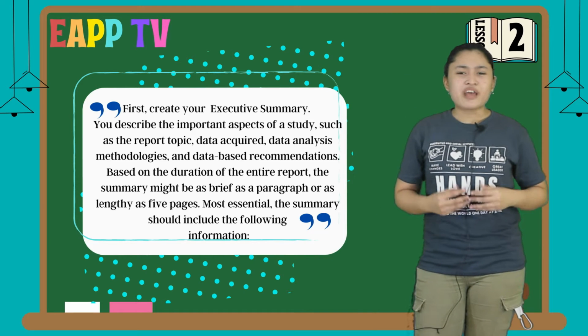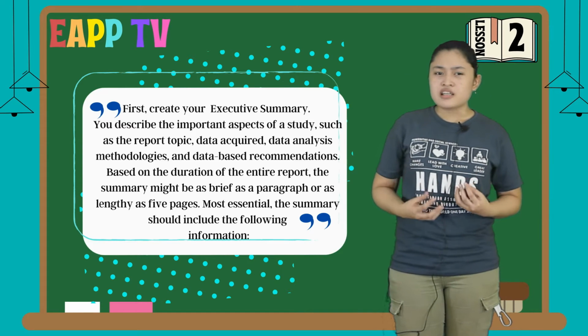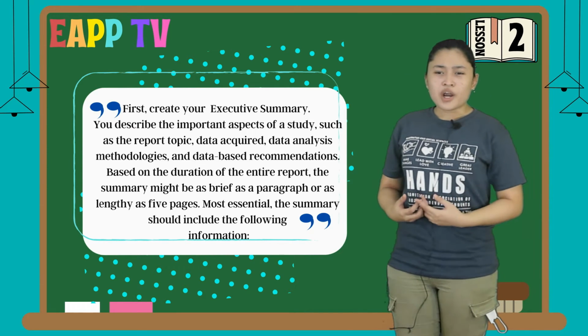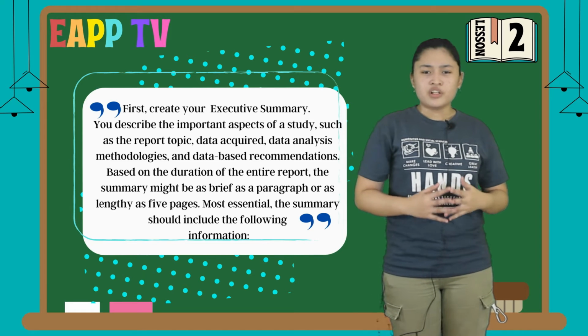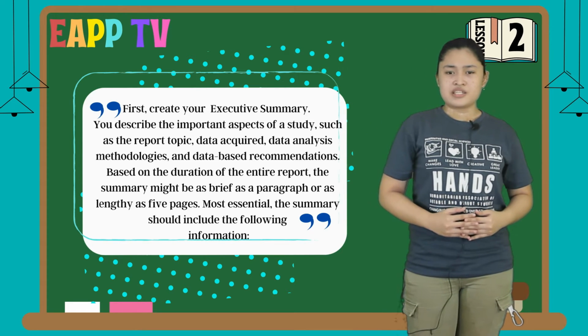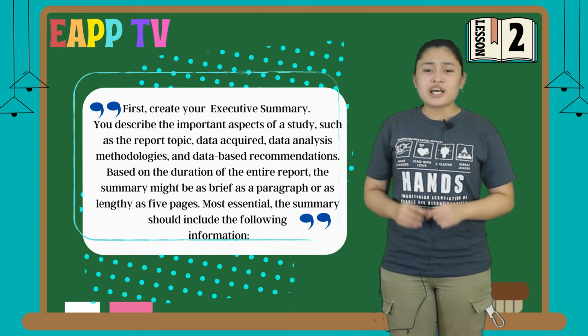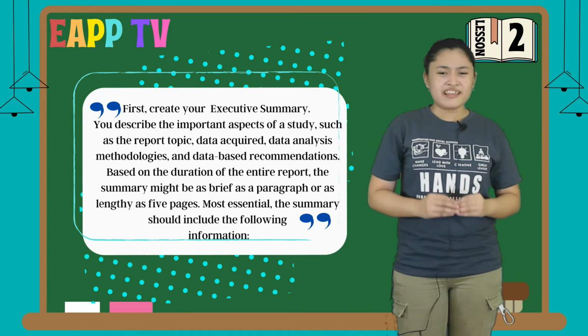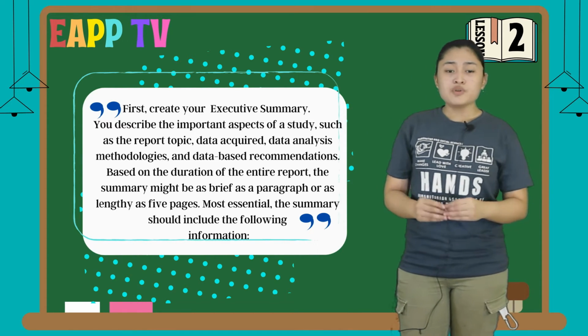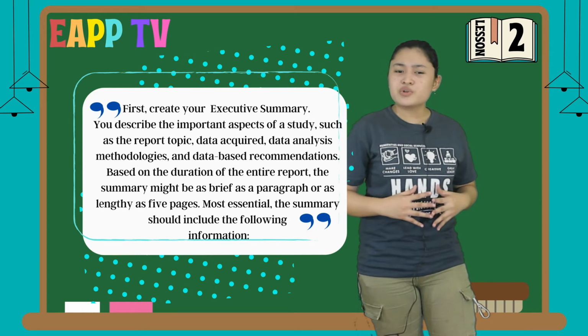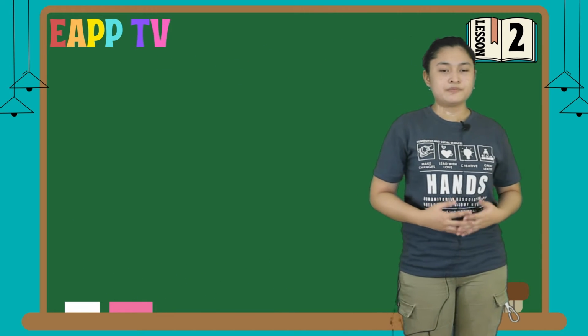You describe the important aspects of a study, such as the report topic, data acquired, data analysis, methodologies, and recommendations. Based on the duration of the entire report, the summary might be as brief as a paragraph or as lengthy as 5 pages. Most essential, the summary should include the following information.